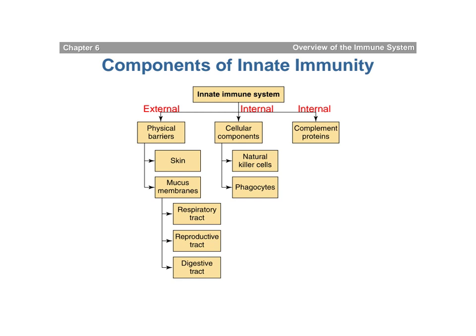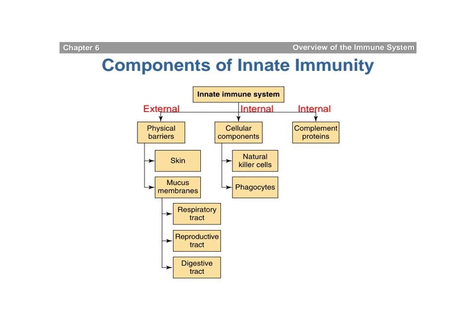This is a diagram from your book. It shows the innate immune system can be divided into the external system, which consists of physical barriers, such as the skin, mucous membranes, which include the respiratory tract, reproductive tract, and digestive tract. And the second half is internal.